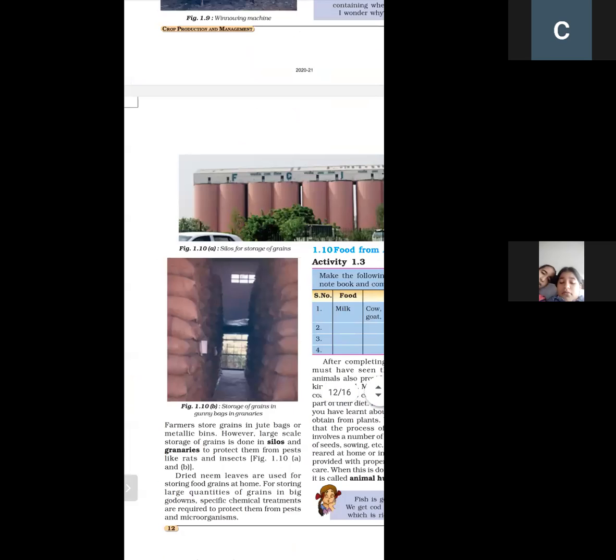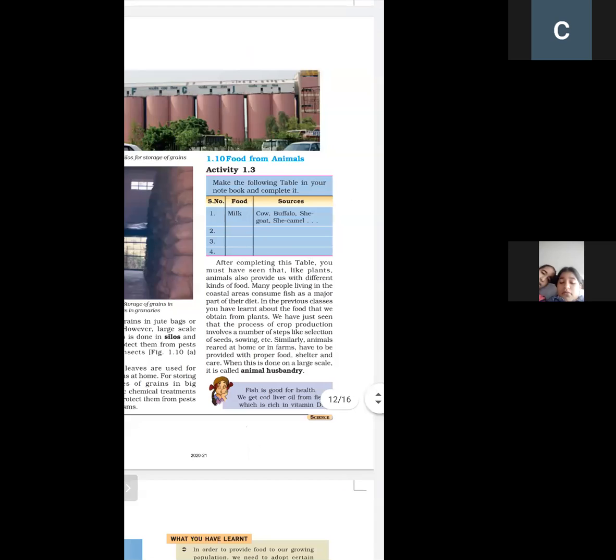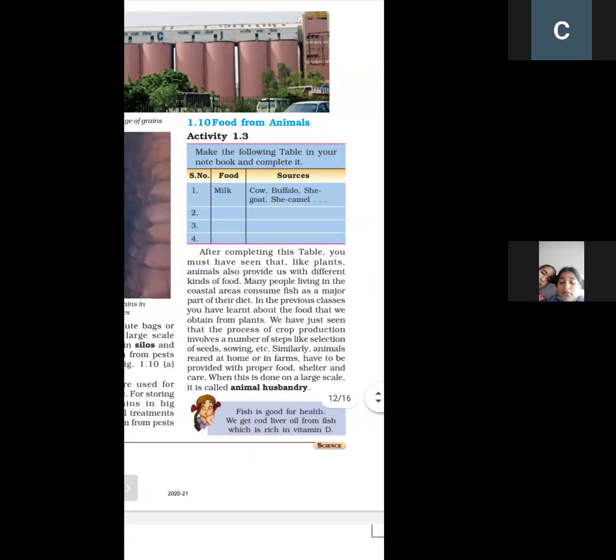Next, what do we mean by animal husbandry? The food we eat is obtained from sources like cow, buffalo, sheep, goat, and camel. Sometimes fish are a major part of the diet. All these animals need proper shelter and proper food.